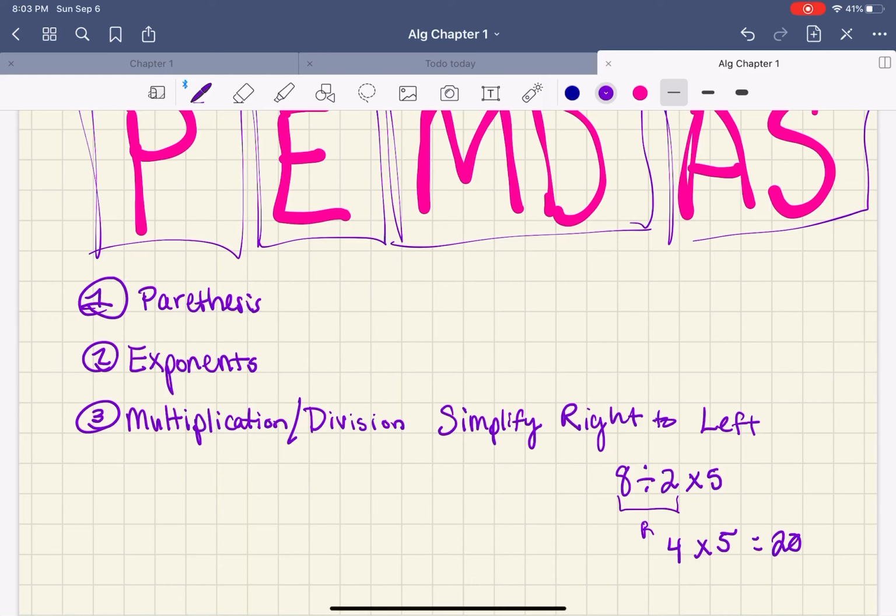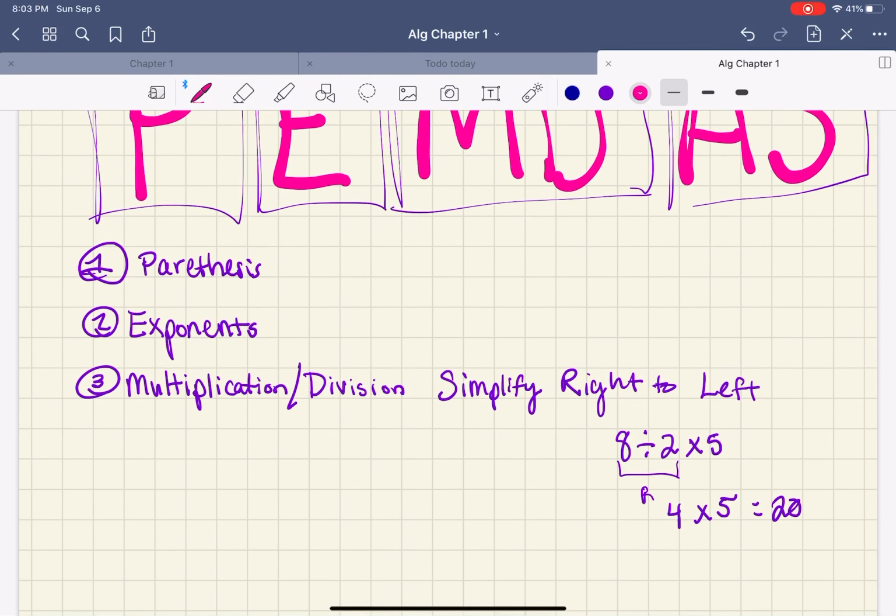If you don't do that, you would get something that's really wrong. If you did it all backwards and messed up, you'd get 8/10, which is very much not 20. It's less than 1, okay? So, order of operations is incredibly, incredibly important, and this can be one of the easiest mistakes to make.